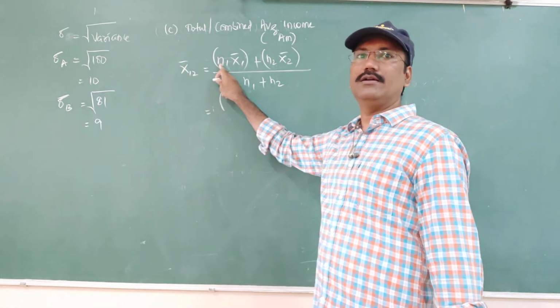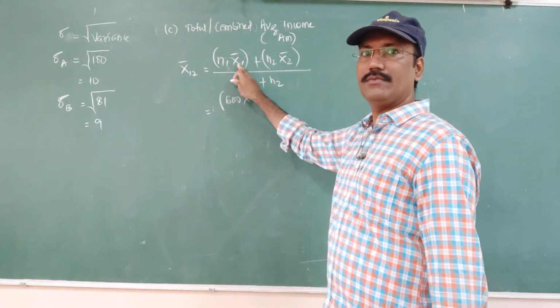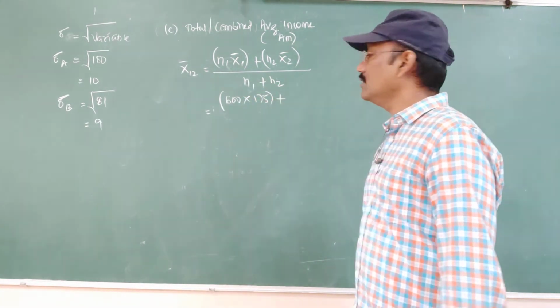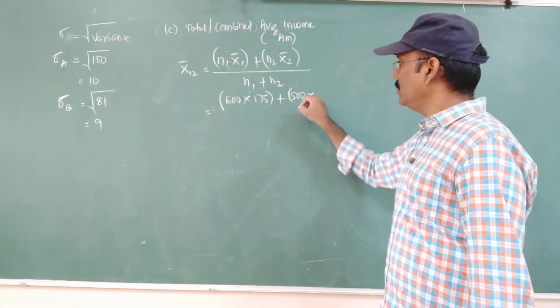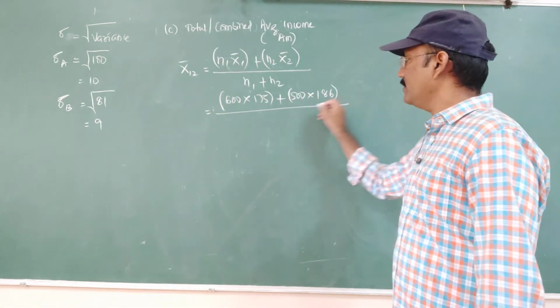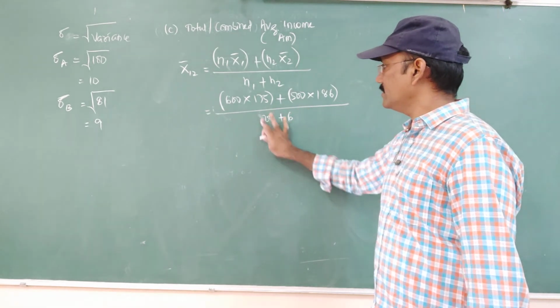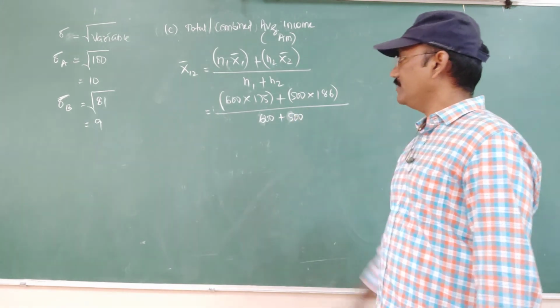Put the numbers now. N1, number of people in village A, 600 into mean 175, plus N2, number of people living in village B, into their mean wage 186, whole divided by N1 plus N2. N1 is 600, N2 is 500.